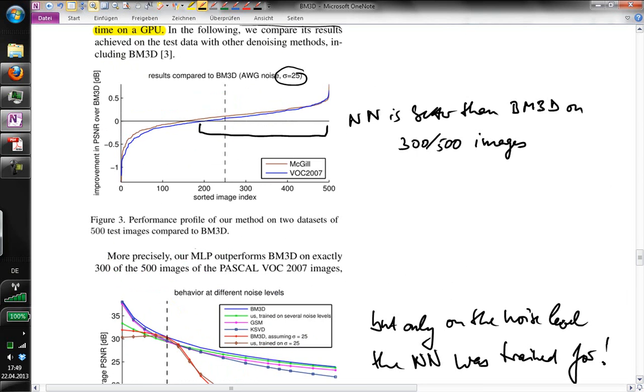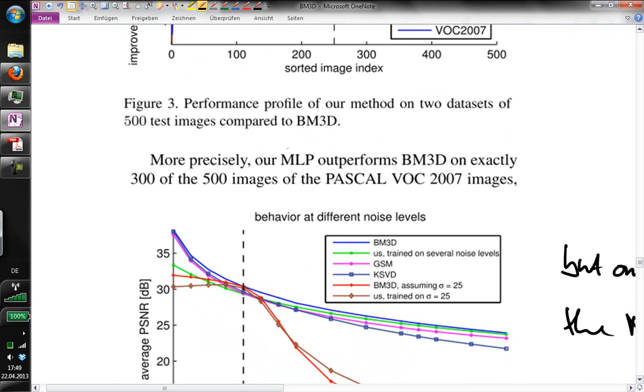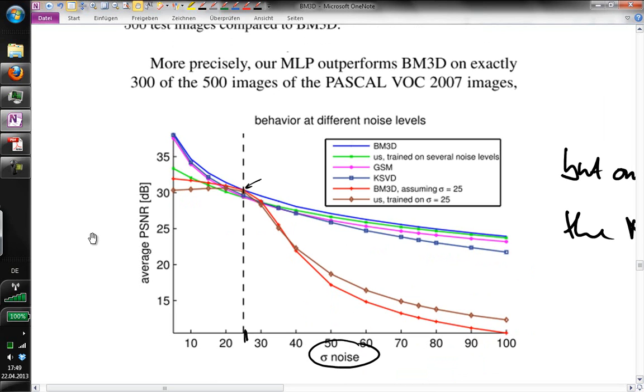And there, if we zoom in really far, the brown line, which is the neural network, is a little bit above the blue line, which is for BM3D, just enough to be better not on 250 out of 500, but on 300 out of 500. But if you look at the absolute scale here, you see that we're really talking about fractions of a decibel at which the neural network can be better at sigma equals 25.